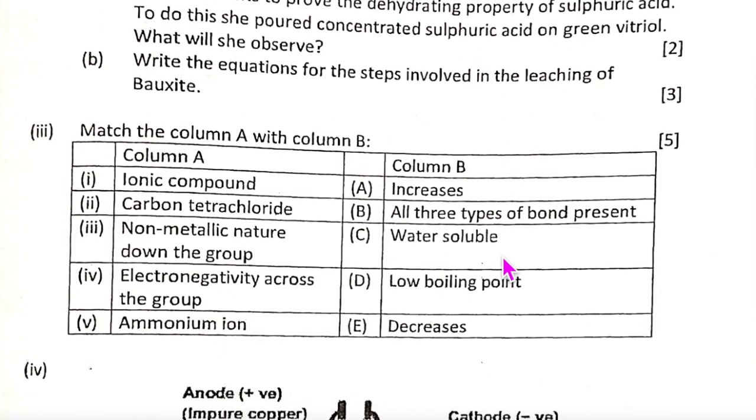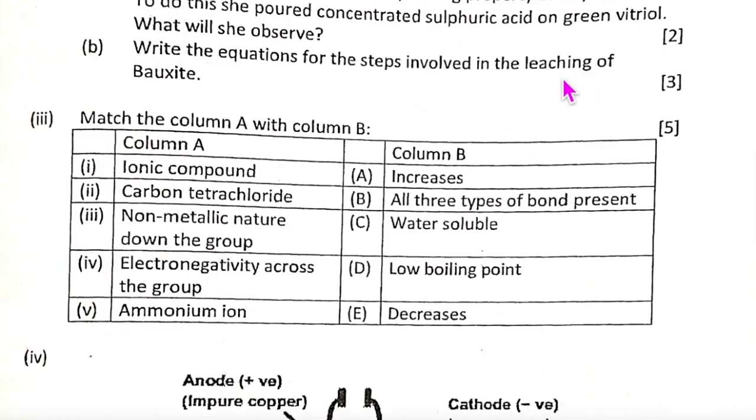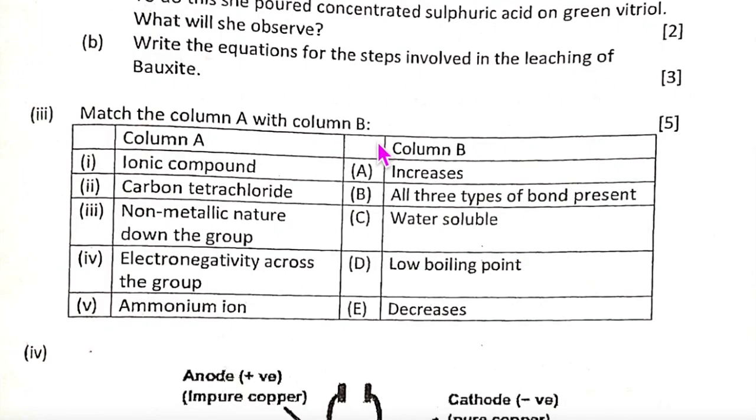Write the equation of the leaching of bauxite. The word leaching is not there in our textbook. Quickly look which reaction they want. Google it quickly. This has some terms which are not in our textbook. What is leaching? Have you done leaching in geography? Al2O3.2H2O plus 2 NaOH gives 2 NaAlO2 plus 3 H2O. Bayer's process. Leaching means Bayer's process.